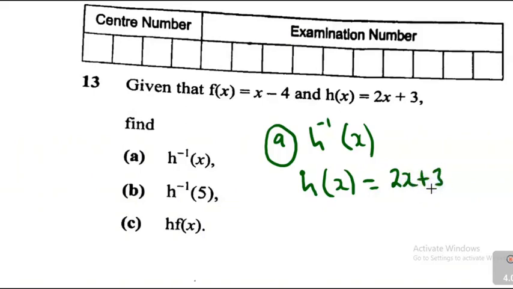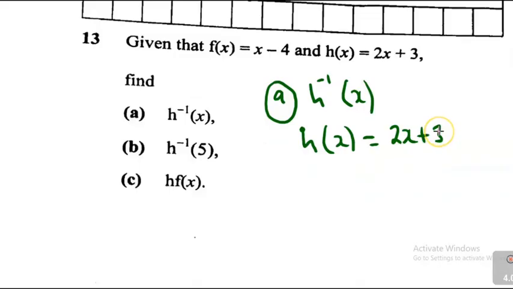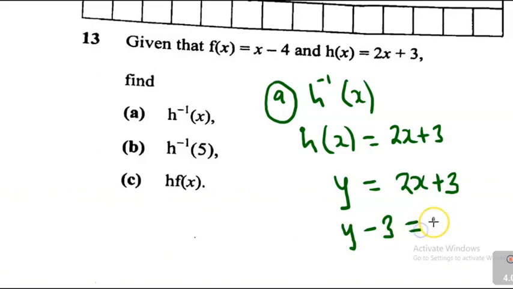From there, what you need to do is to make x the subject of the formula. You introduce the variable y equal to 2x plus 3. Since we want to make x the subject, this positive 3 will go to where y is. We have y minus 3 is equal to 2x.